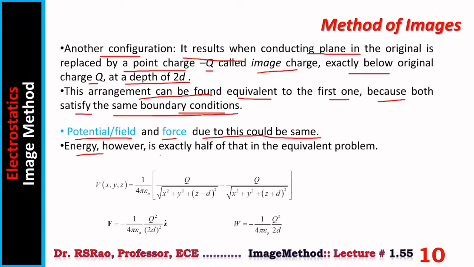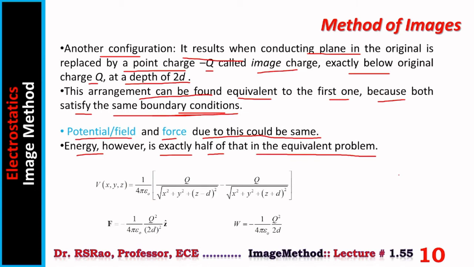Energy, however, is exactly half of that in the equivalent problem. The reason is that field intensity is non-zero above the plane but 0 below the plane in the original problem. But in the equivalent problem, field intensity is non-zero both above and below the XY plane. When field intensity is non-zero, energy is non-zero.